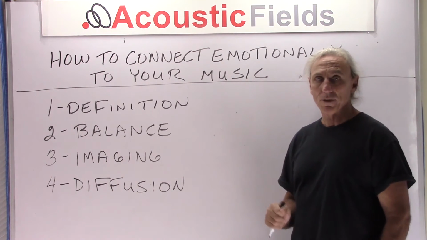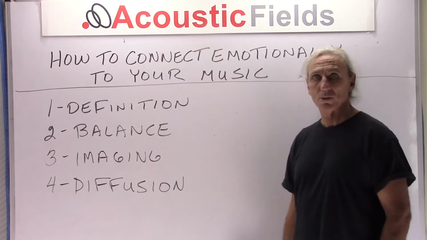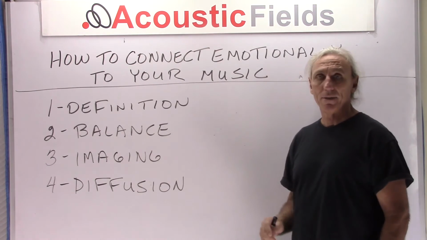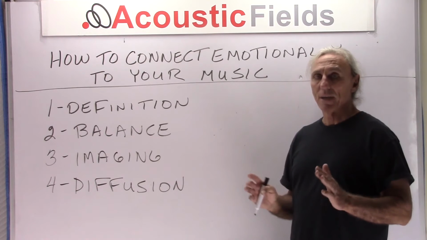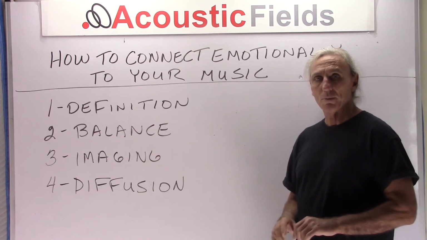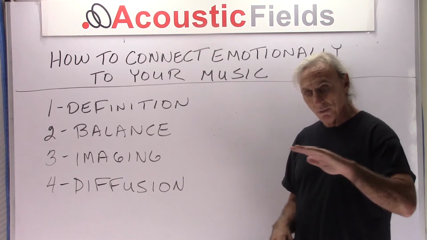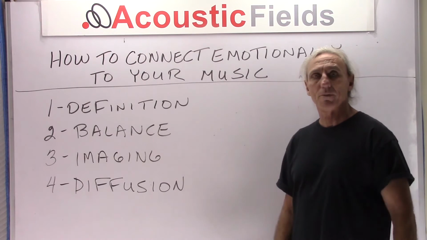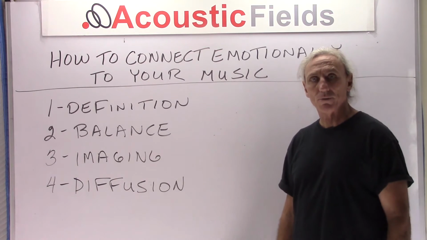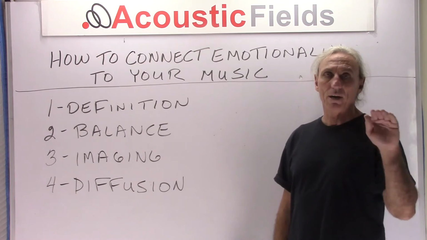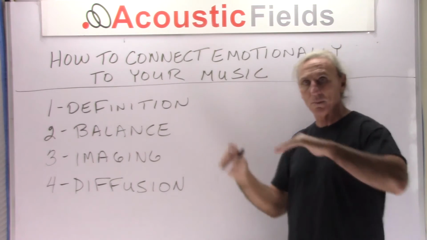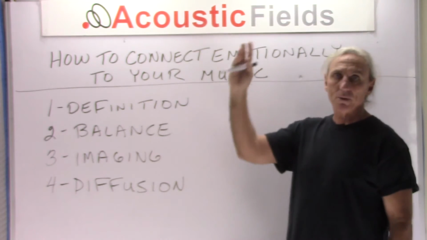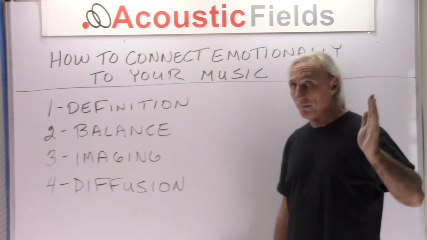And the next issue that's really critical in how to connect emotionally to your music is balance. You've got to be able to hear everything equally. Those of you familiar with real-time analyzers, you want all the bars, whatever the octave range you've chosen for measurement, to balance out. You don't want one part being higher than the other constantly, the middle coming up, the high frequencies coming up, definitely the low end bumping up.